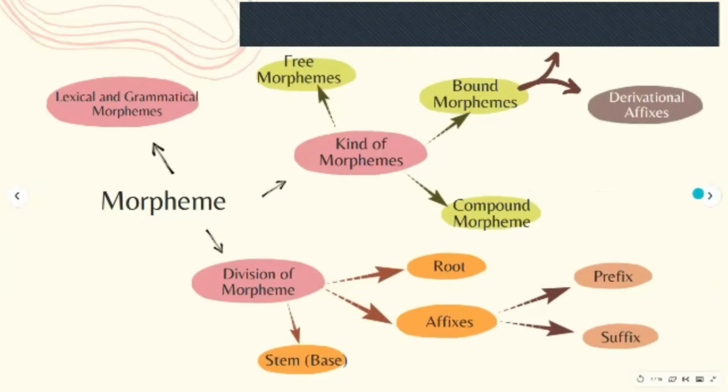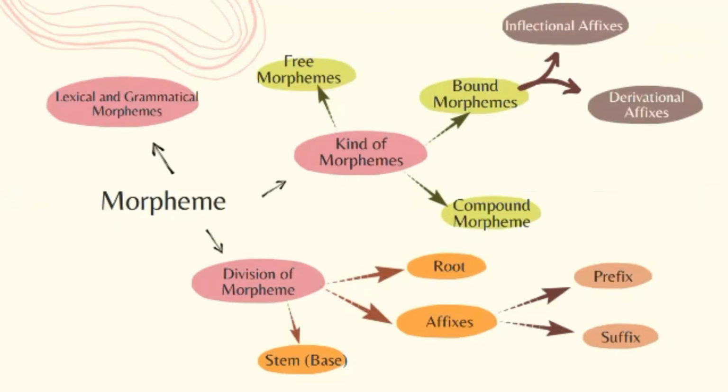And this is the concept we will discuss today. Morpheme, there are lexical and grammatical morphemes, and also kinds of morphemes. Morphemes have several kinds. There are free morphemes, bound morphemes, and also compound morphemes.